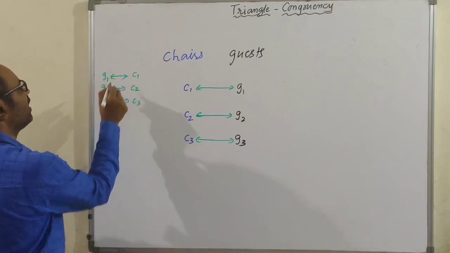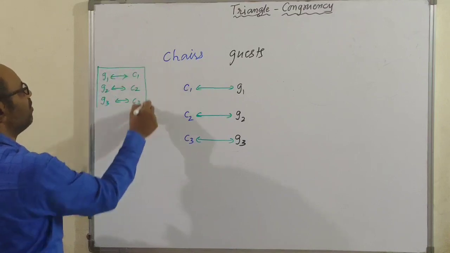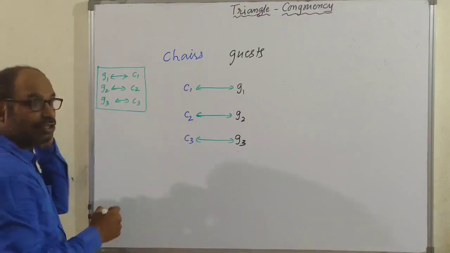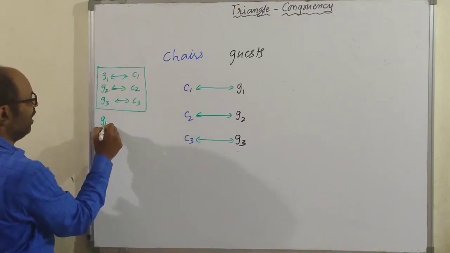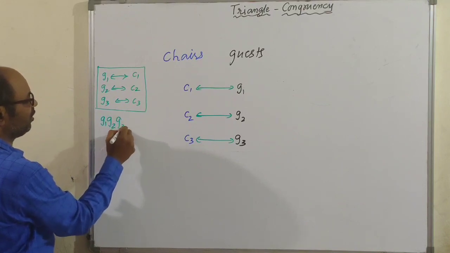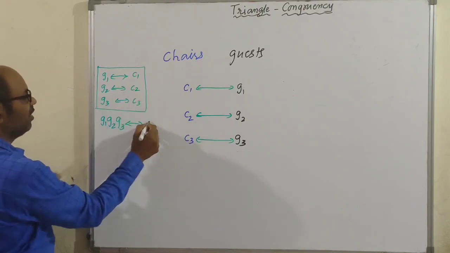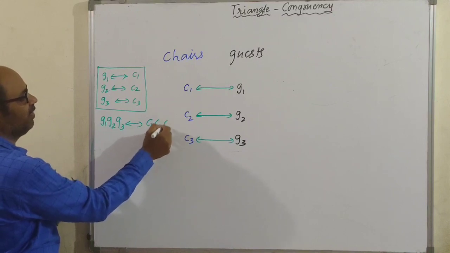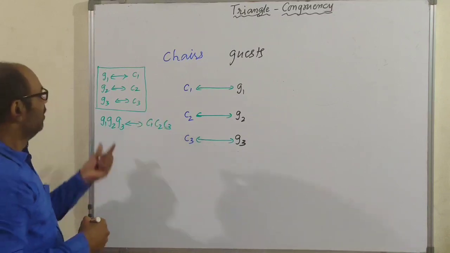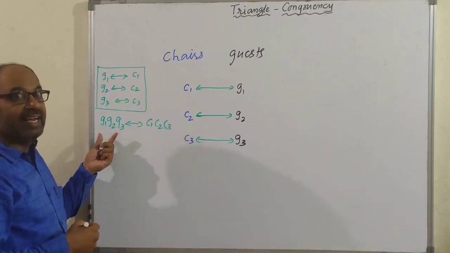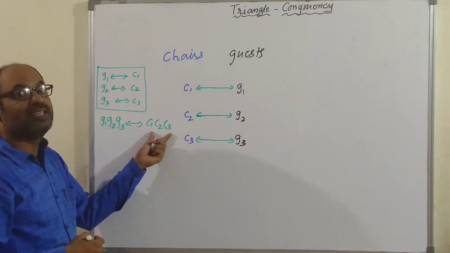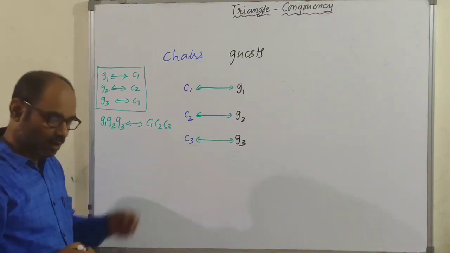I'll put arrows on both sides. This is one arrangement. You can write this in short as G1, G2, G3 in the same order as C1, C2, C3. G1, G2, G3 are connected in the same order to C1, C2 and C3.